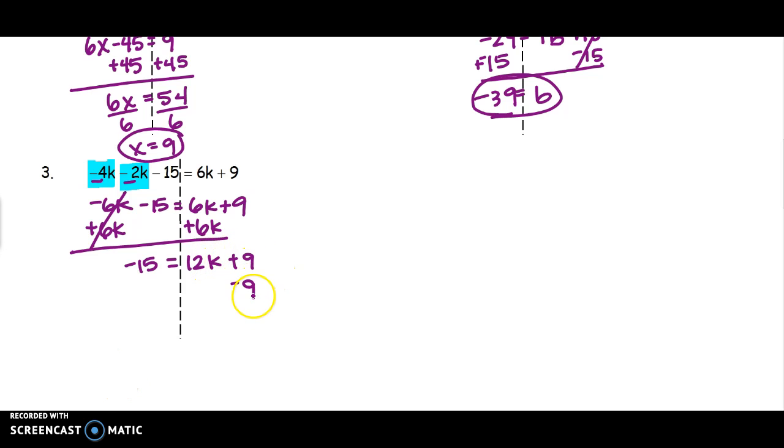And here you would subtract 9 from both sides since k is on the right-hand side. And you get negative 24 is equal to 12k. And since again we're multiplying between 12 and k, we would divide. That's its opposite operation. And you get k equals negative 2.